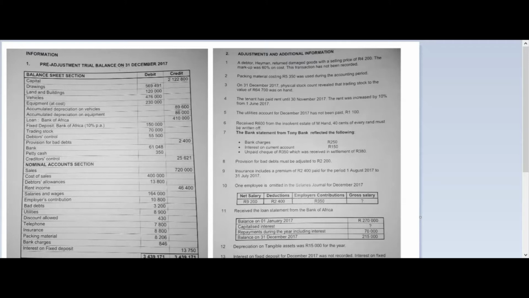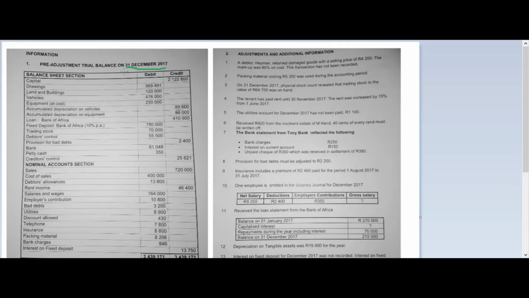So if I have the pre-adjustment trial balance on 31 December 2017, then my financial year began on 1 January 2017.